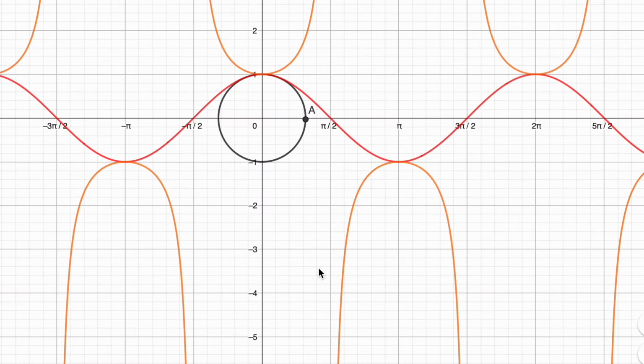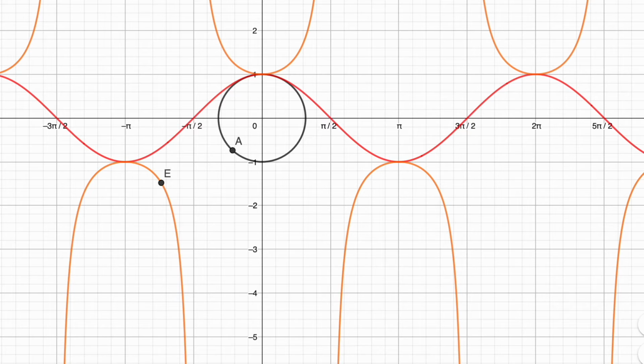You can't talk about the secant curve without talking about the cosine curve, because of course every time the cosine is 0, because the secant's the reciprocal, we're going to get asymptotes again. So as I move around the graph, as the cosine goes to 0, I'm getting an asymptote.